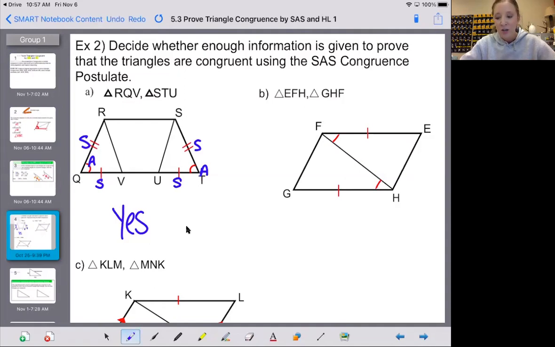And since they're sharing a side, this side here is the same on both triangles. And so we do end up having side angle side on the triangle EFH. And then when we look at triangle GHF, we have side, angle, and then side. And so it looks like, yes, we do have enough information. They are congruent.